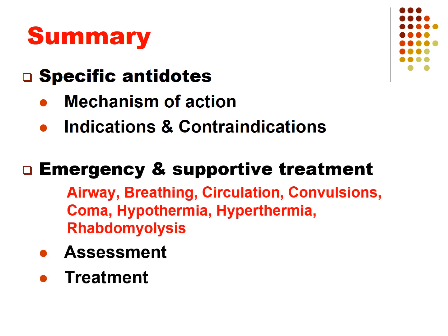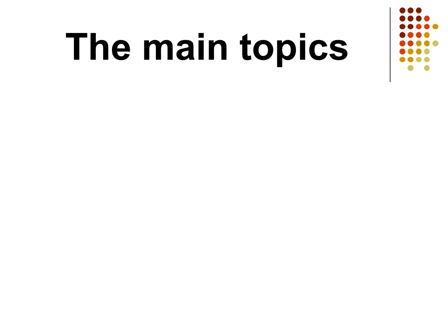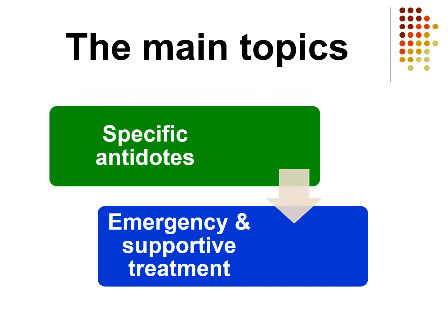Emergency and supportive care regarding the airway, breathing, circulation, convulsions, coma, hypothermia and hyperthermia, and rhabdomyolysis. You have to assess the patient, then deal with the condition. These were the main topics today.